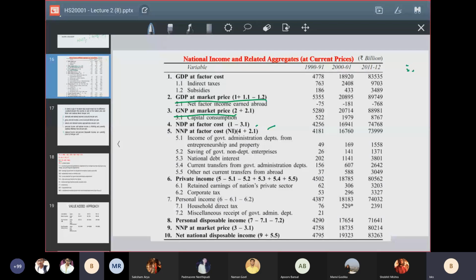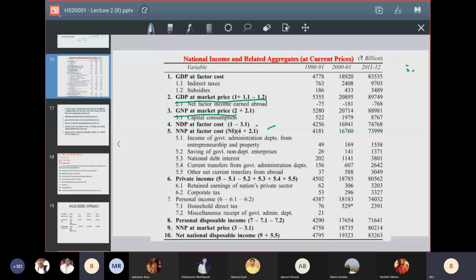Now, once you have NNP at factor cost, that is your national income. From the national income, you can calculate the private income as we discussed earlier. Your private income is equal to national income, that is NNP at factor cost, minus the income of government administrative departments, and minus the income of government enterprises, plus national debt interest and transfer payments within the country as well as outside the country.